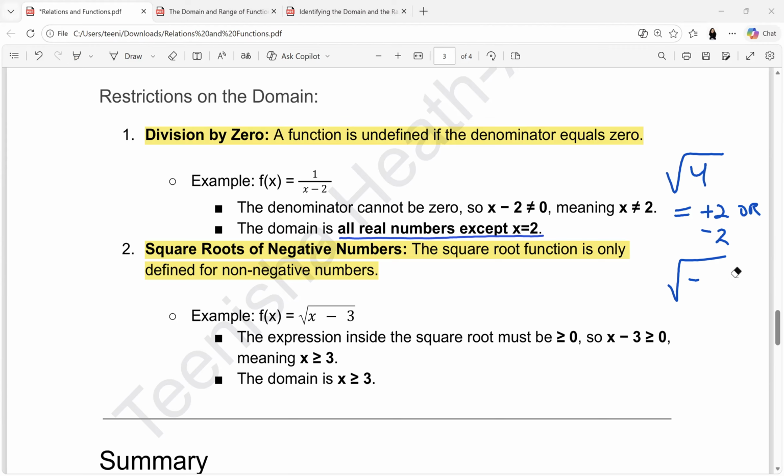You cannot find the square root of negative 4 because no two numbers, when multiplied by itself, can give you a negative number. No two negative numbers or two positive numbers can multiply by itself to give you a negative, right?